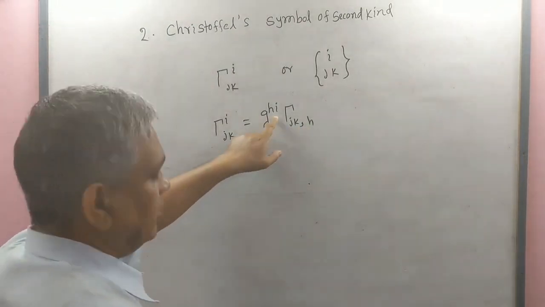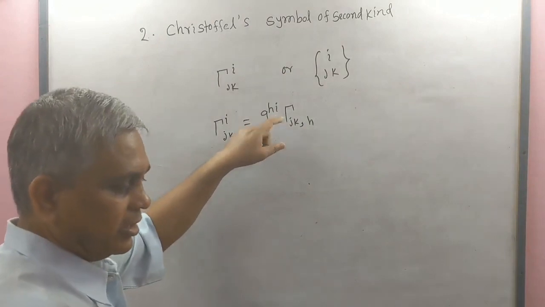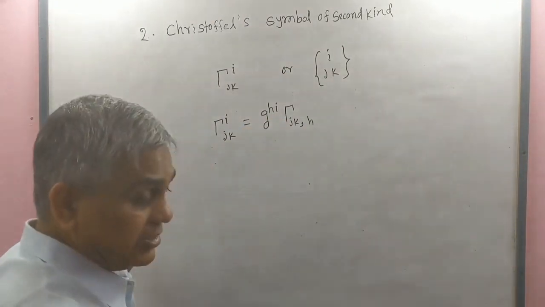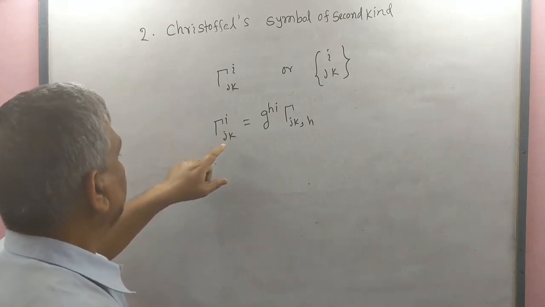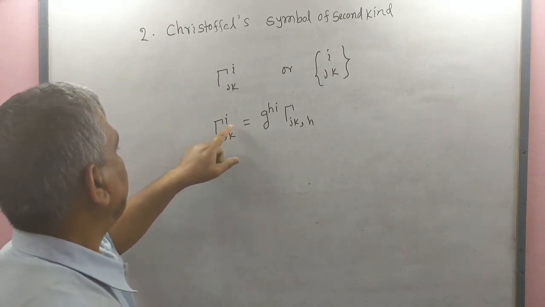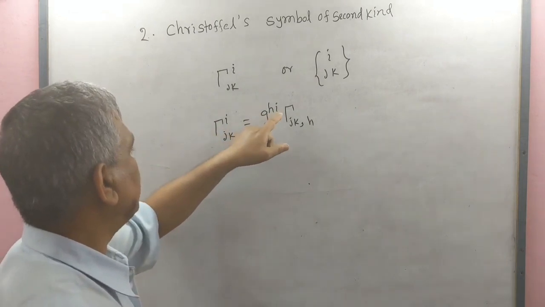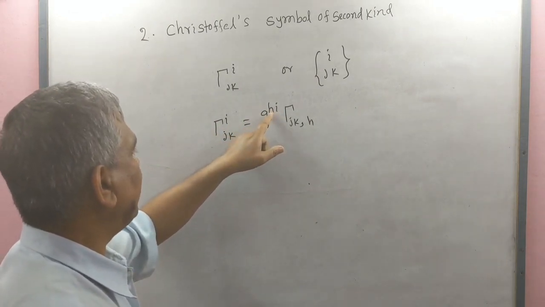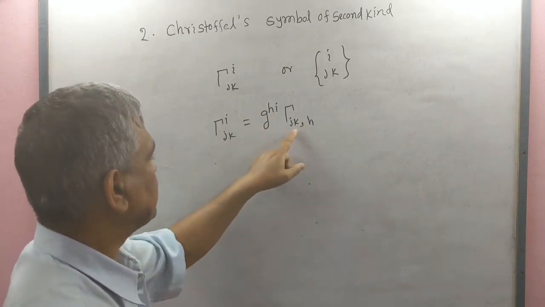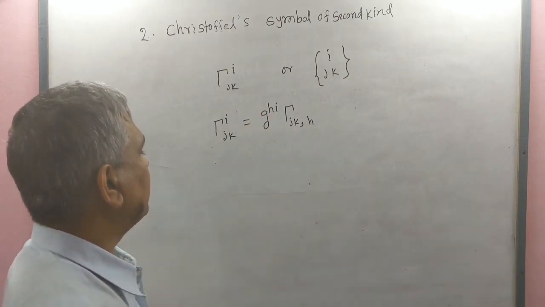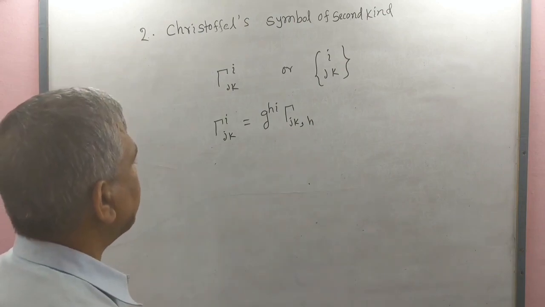This g^hi is the conjugate metric tensor or fundamental tensor. The way of writing is that here we get i, here also i, here another symbol h, which will be here h, and jk remains the same. This is the Christoffel symbol of second kind.